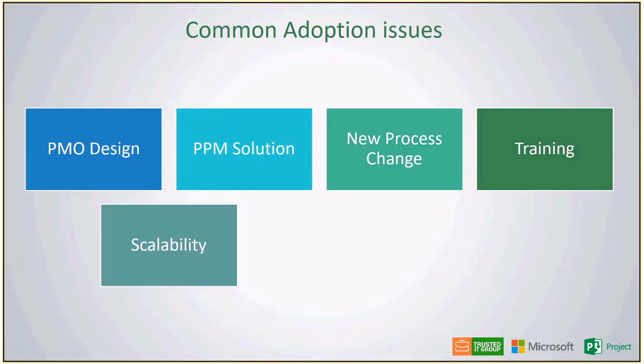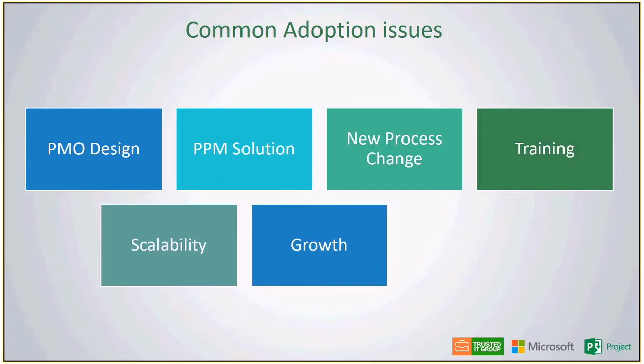Also to scale it out, not just within the scaling of the actual number of projects, but the scaling to other organizations. A lot of times the PMO starts within one organization, typically IT, right? And then you may have other divisions joining that lead of that PMO and start using that PMO for tracking and managing other divisions' projects. So that scalability factor should be baked into the adoption.